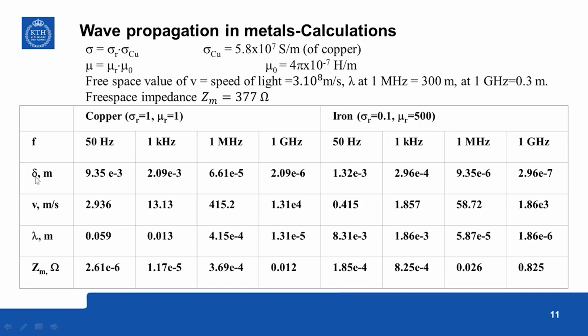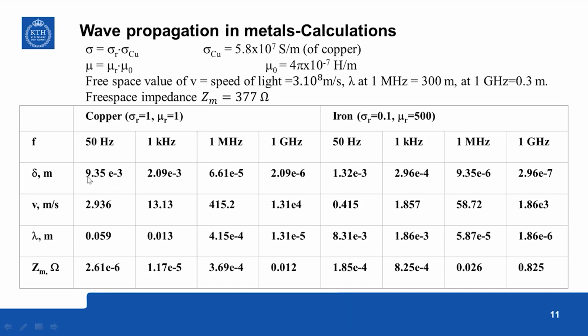So here we have the skin depth, velocity in the medium, wavelength in the medium, and the impedance in the medium, and here we have the frequencies 50 hertz, 1 kilohertz, 1 megahertz, 1 gigahertz. Same thing for iron. Now the skin depth, you can see this is 10 to the power of minus 3 meter, so this is basically in terms of millimeter.